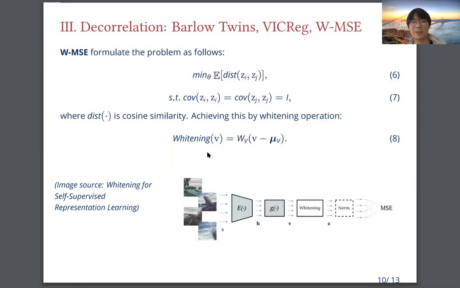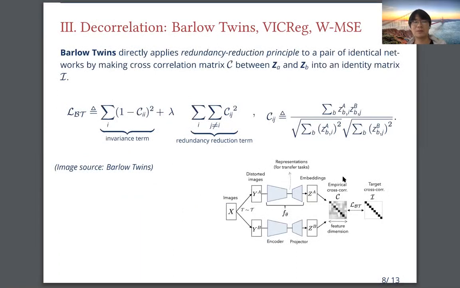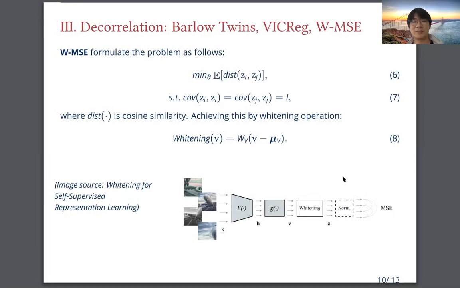And then we calculate the loss directly using the whitening representation, using the MSE loss. So the core idea in these three methods is decorrelation.